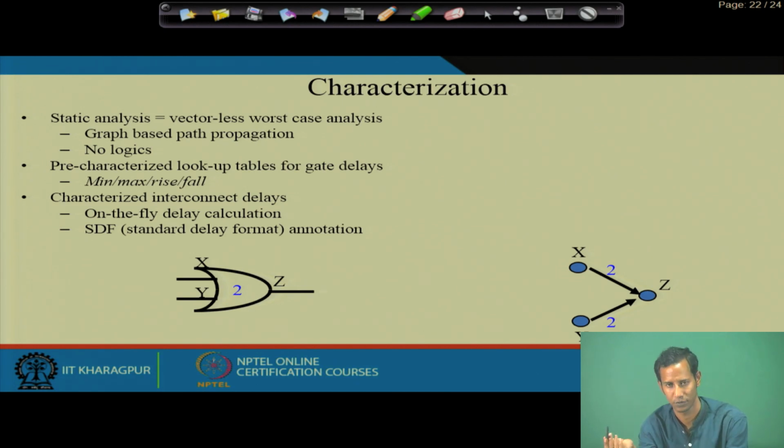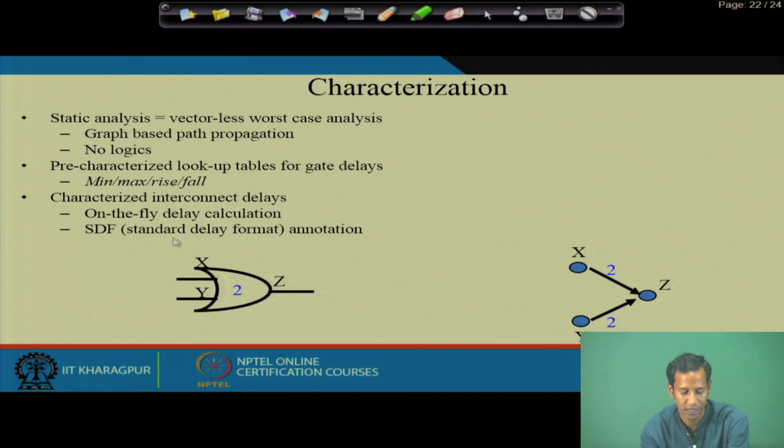That depends on the wire length and which metal layer we are using to connect them. Depending on all this information, it calculates the delay for those particular paths on the fly.